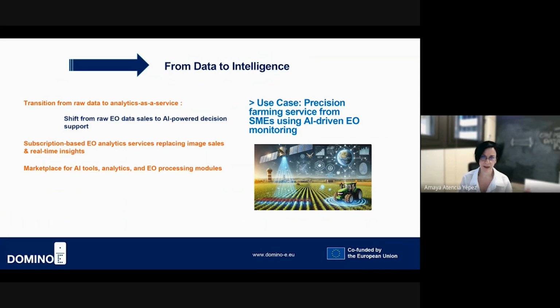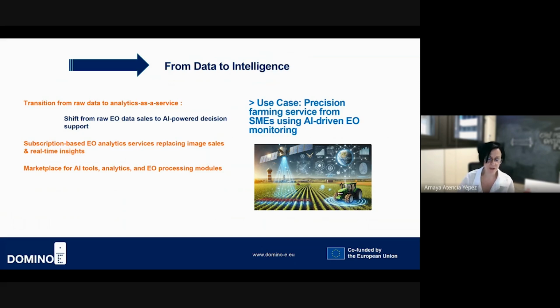This transition is happening now, and DominoE is supporting it by facilitating data access and interoperability. Another evolution in the business model is that users are moving from acquiring raw data to using EO-native services in a subscription-based model.